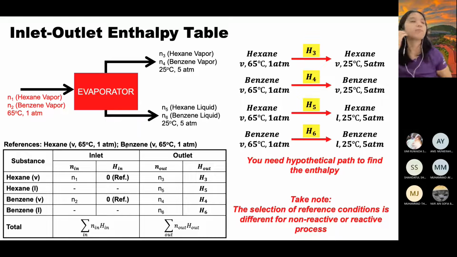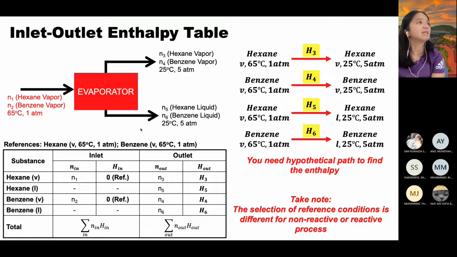Okay, next. In the table, you will have 3 column. Okay, column pertama, substance or the compound. Okay, compound ni pula, kalau compound itu exists in different phase in your diagram, dia ada baris dia sendiri. It has its own row.